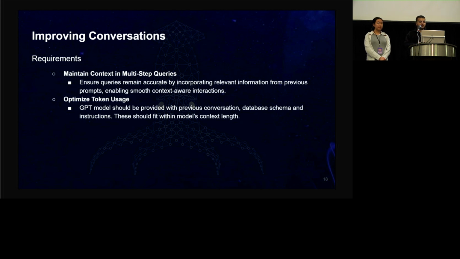The token usage part was specifically a problem in our case, because in the earlier version of GPT-3 that we were using, even with 3 to 4 conversations along with the huge database structure, it would exceed the model's context length, and we couldn't continue the conversation.